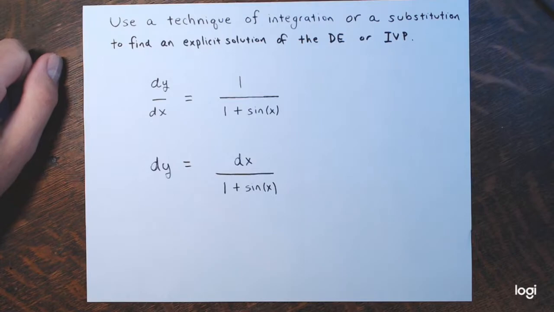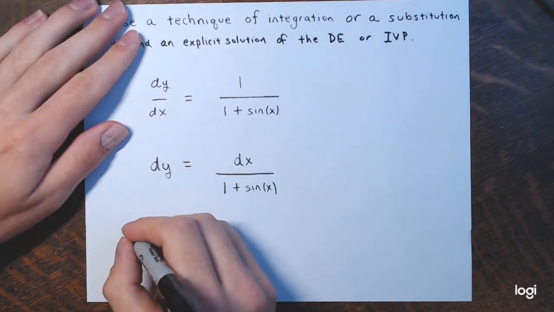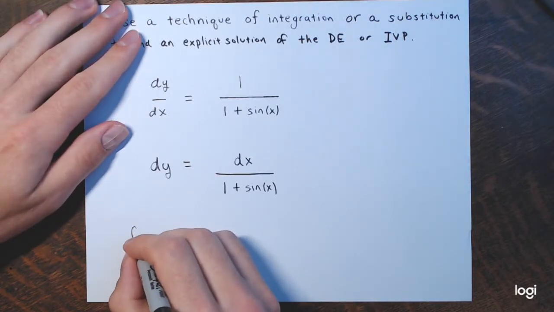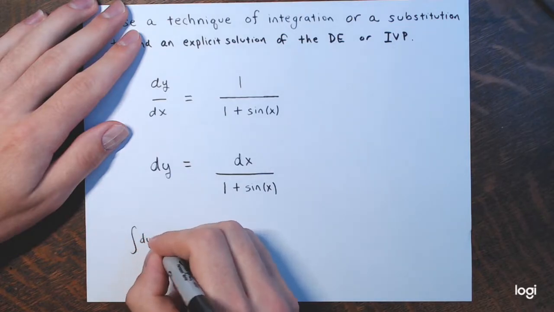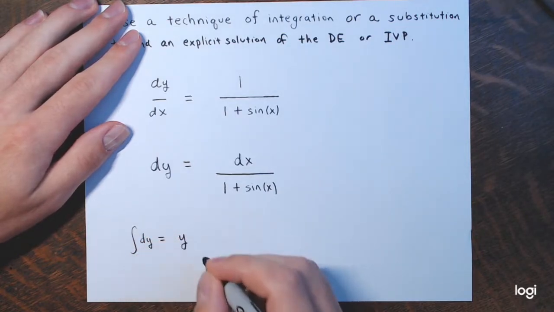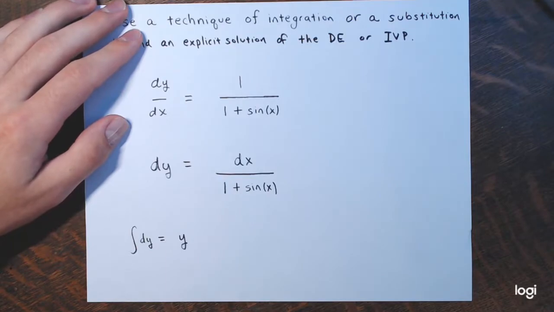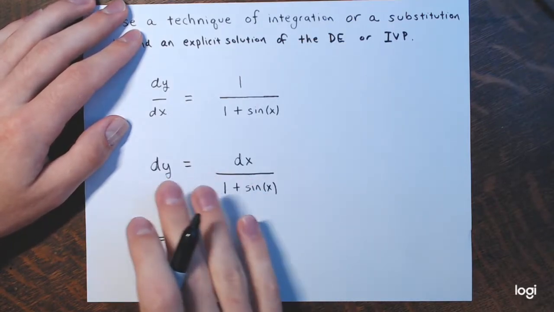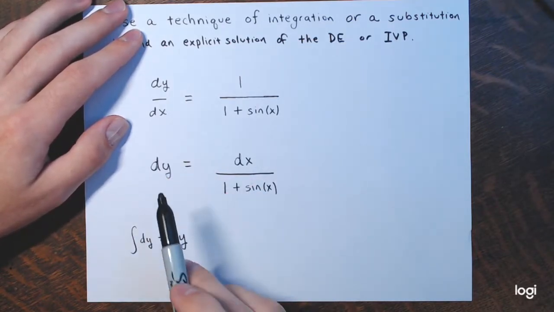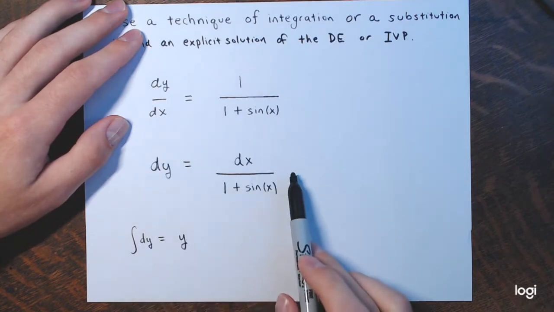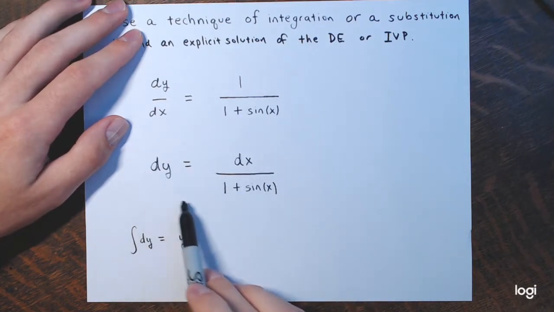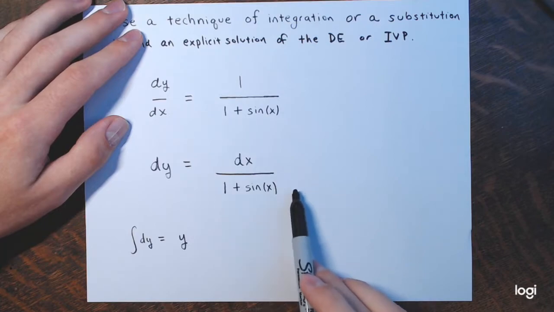And then we integrate. Now the left side's easy. The integral of dy is just going to be y, and then plus some constant. I mentioned this in a previous video: there's going to be a plus a constant over here and a plus a constant over here. You could subtract one constant to make the other a new constant.